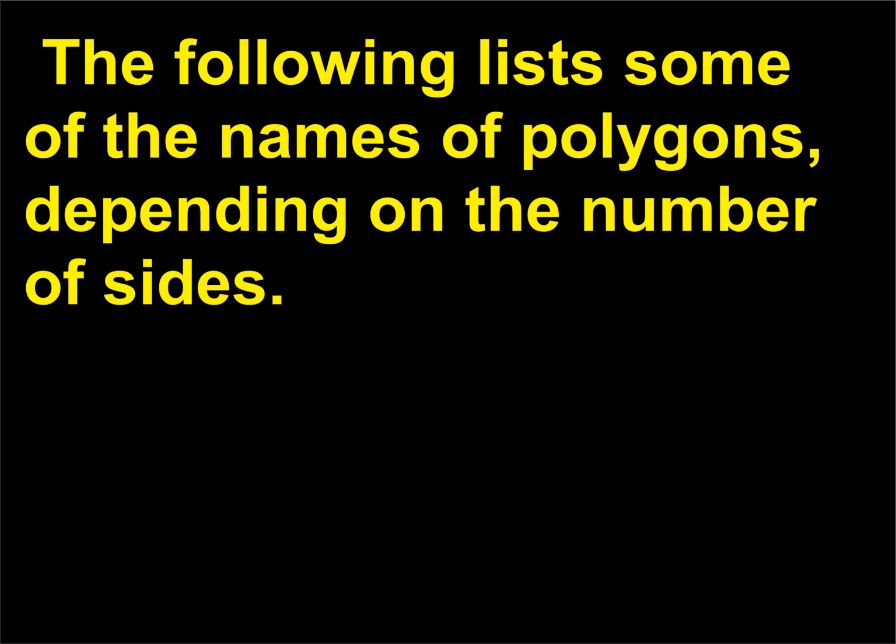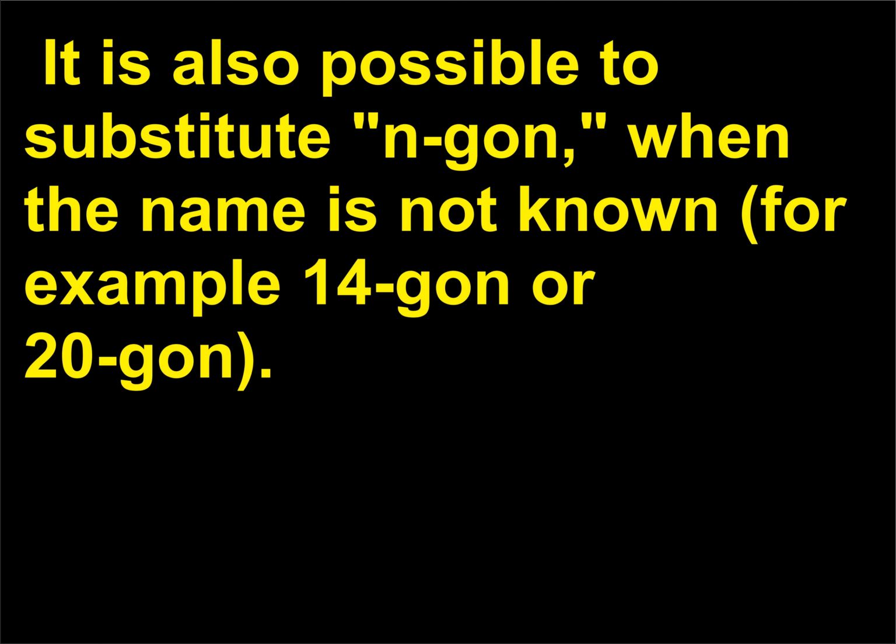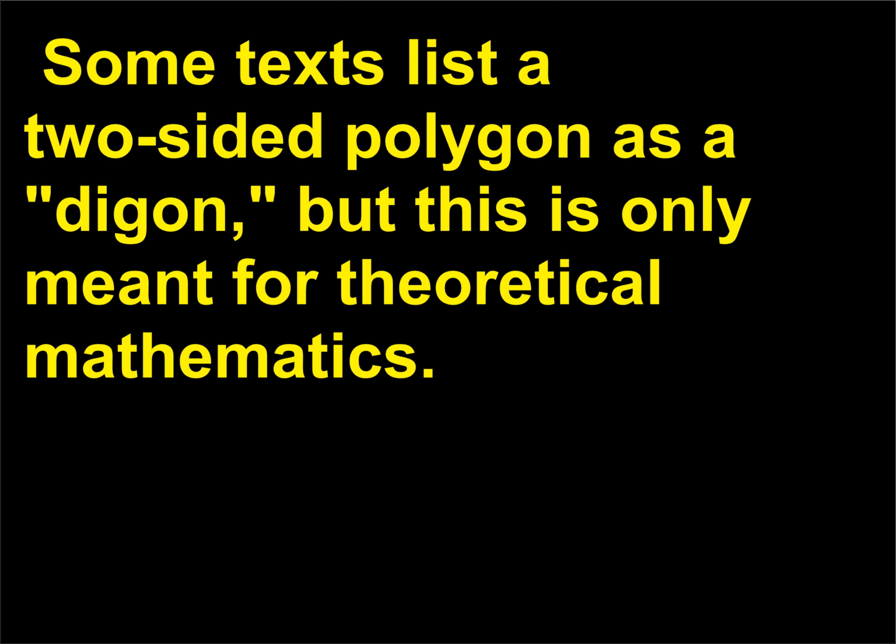The following lists some of the names of polygons, depending on the number of sides. It is also possible to substitute n-gon when the name is not known, for example 14-gon or 20-gon. Some texts list a two-sided polygon as a digon, but this is only meant for theoretical mathematics.